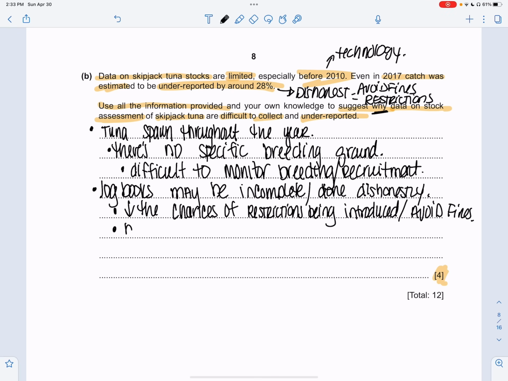Additionally, in their logbooks, bycatch, juveniles or undersized fish, or damaged tuna that are thrown back, may not be reported.